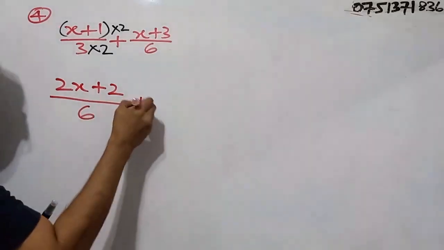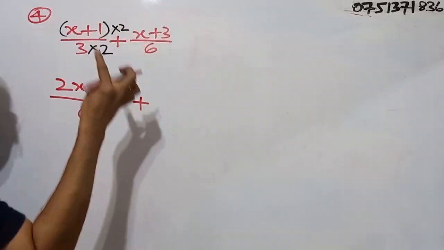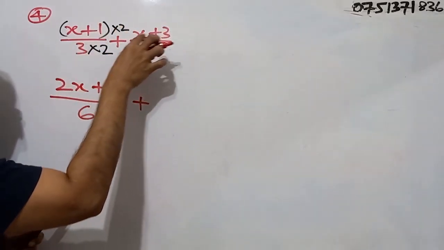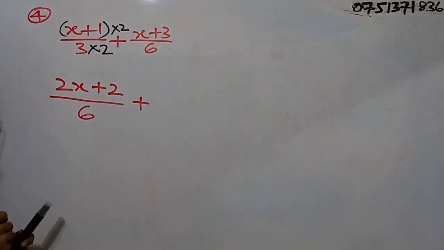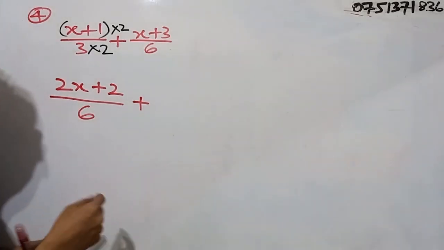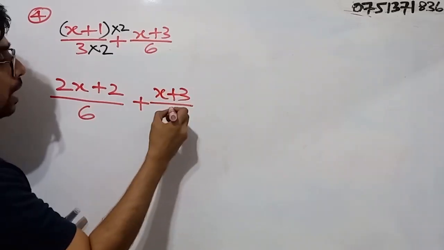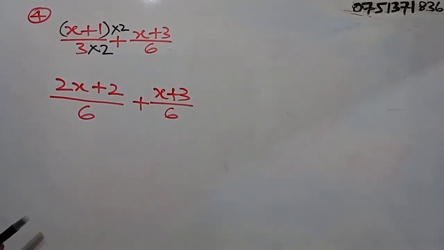6 plus, now take the second algebraic fraction. There we have the denominator 6 already. We don't have to do any conversions. So we can write it as it is. So x plus 3 entire expression divided by 6.